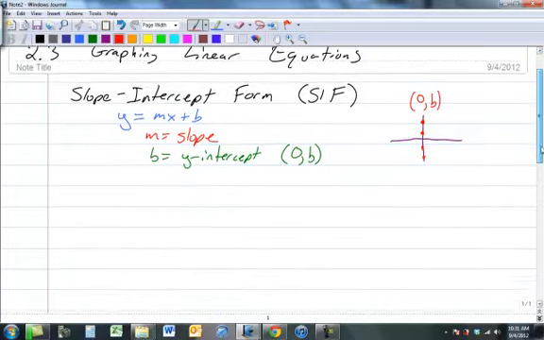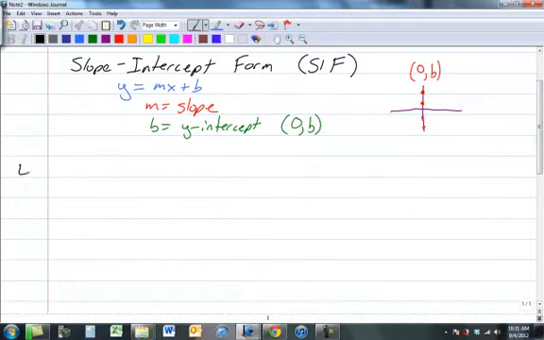All right, slope-intercept form. Let's do a couple of examples now. We're going to graph y equals 3/4 x minus 2. Before we get started, the slope, of course, is 3/4.